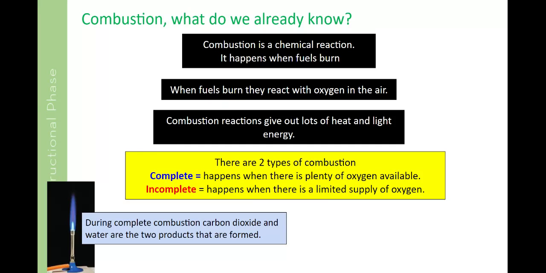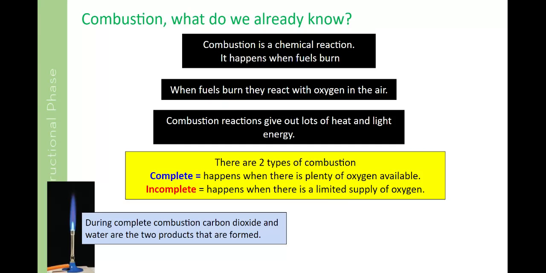So complete combustion produces carbon dioxide. Incomplete combustion produces carbon monoxide. And if the oxygen supply completely runs out, it then produces pure carbon in the form of soot, carbon particles.